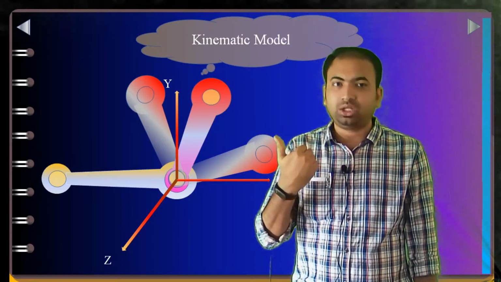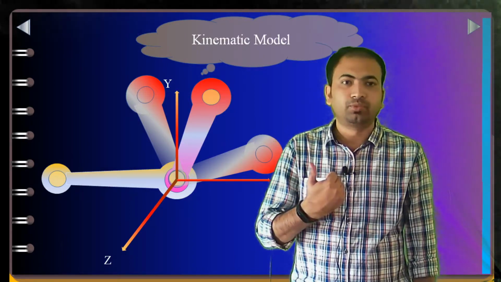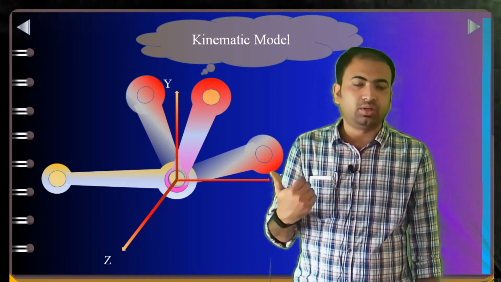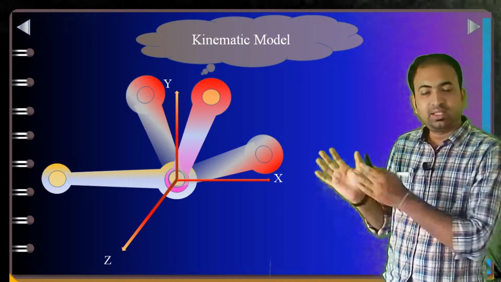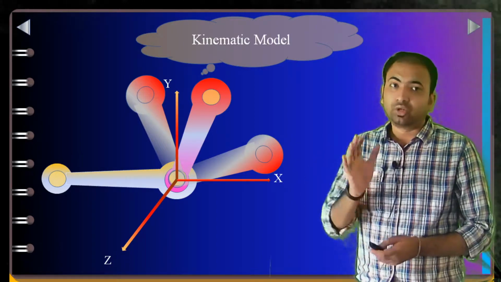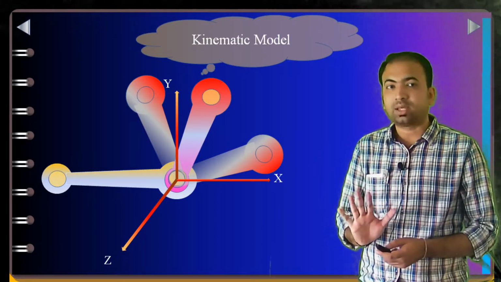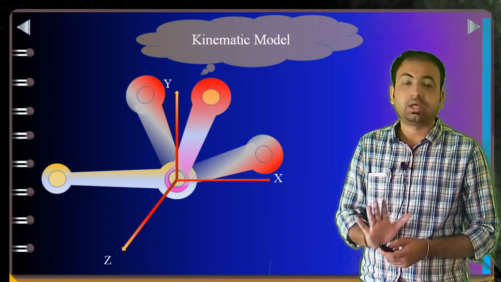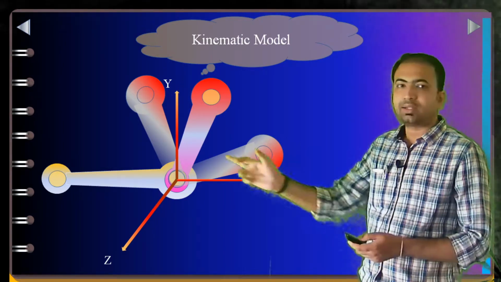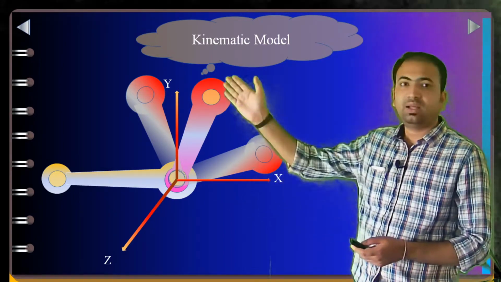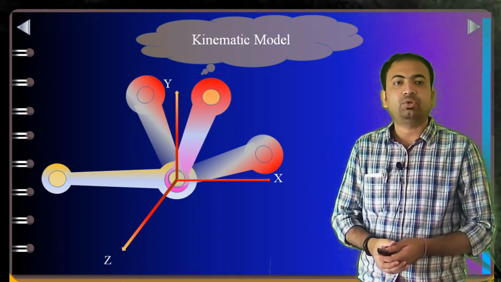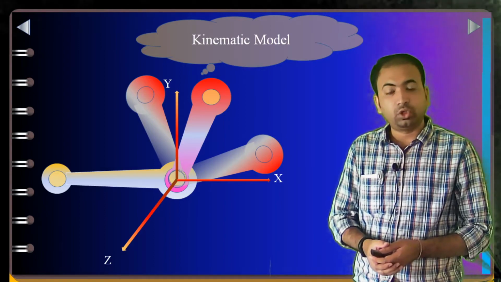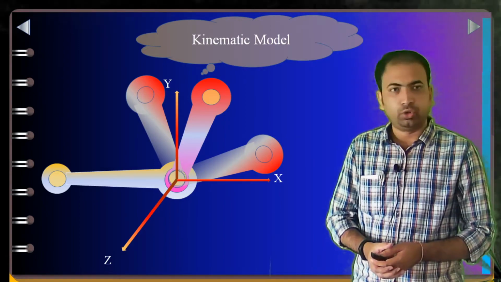We have already studied this right hand rule in the gyroscope concept. So, the same concept we will use here, and in this case the rotation always takes place about the z axis, and the remaining two axes, the x axis and the y axis, we have to consider according to the right hand rule.